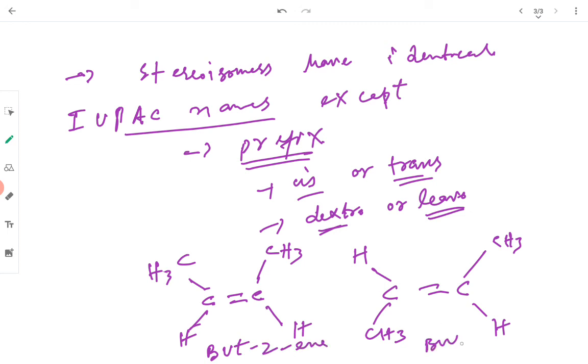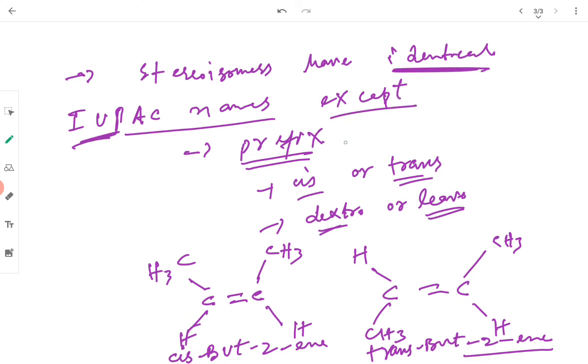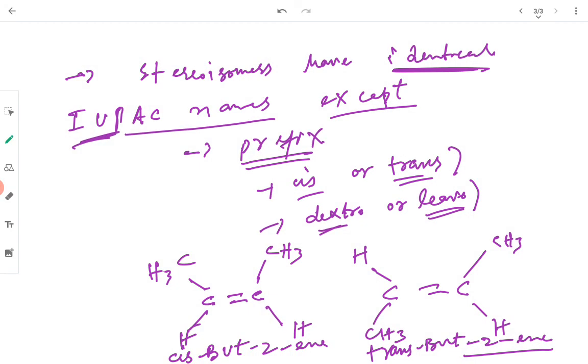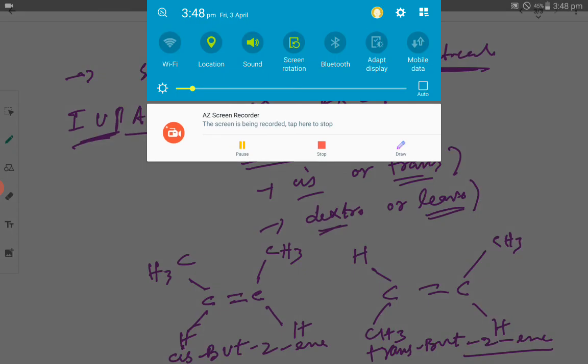This is also known as but-2-ene. Difference is that here we have to add a prefix, cis-but-2-ene, and here we add the prefix trans-but-2-ene. They have identical IUPAC names, except you have to add some prefix before their name. So these compounds are known as stereoisomers. इनको हम stereoisomers बोलते हैं.